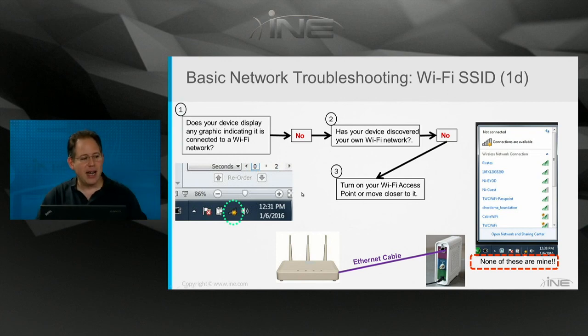And then if we did not see our Wi-Fi network, it was one of really just two things. Either the access point's not turned on, that's possible, right? Maybe you just unplugged it by accident. Or you're too far away from it, or there's too much interference between you and your access point.